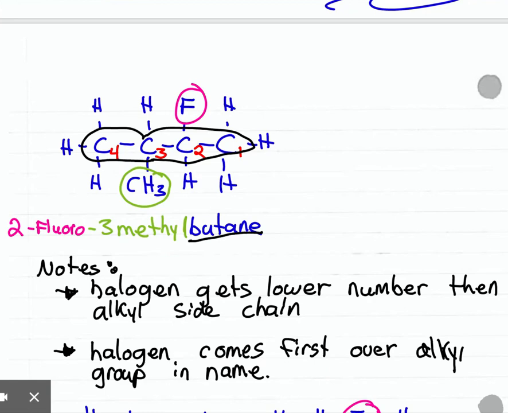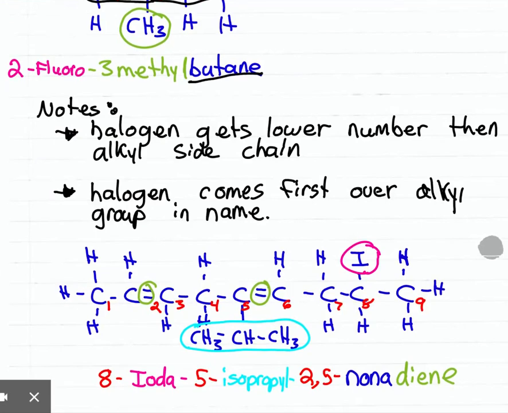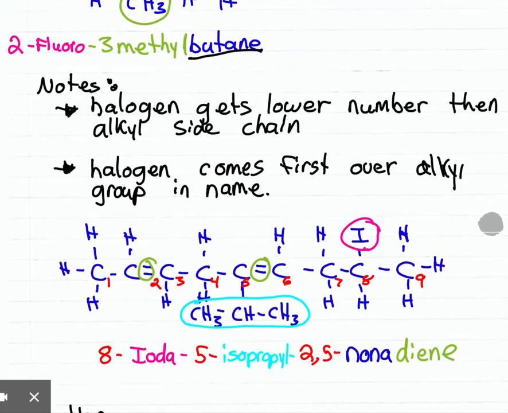Okay. So here's a more complicated example. This one has a lot going on. It's probably about as complicated as it can get, but I've color-coded all the parts to the naming. It's just applying all the rules that we know already. So we have 9 carbons, so it's nona, but there's 2 double bonds.